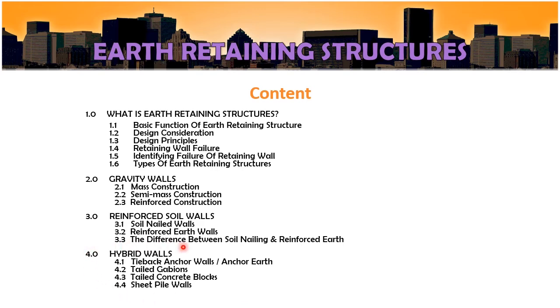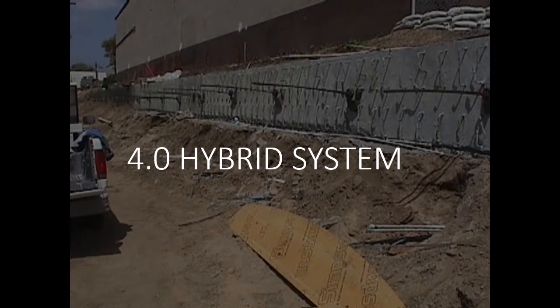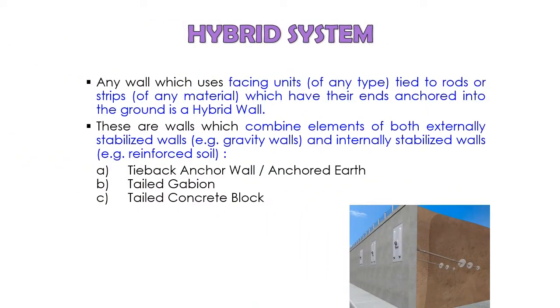Next, we're going to look at the hybrid walls, which have the tie-back anchor walls, tailed gabion, tailed concrete blocks, and sheet pile walls. For hybrid system, any wall which uses facing units tied to rods or strips or any of the material which have their ends anchored into the ground is a hybrid wall.